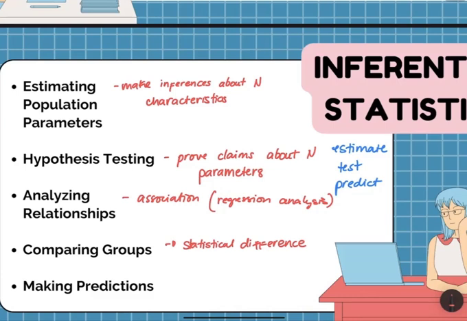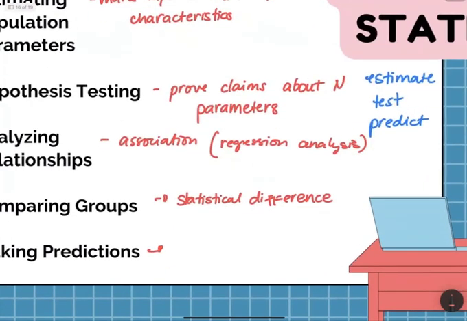And of course, we make predictions. So what do we do here? Yes, we forecast future outcomes. And how do we do that, sir? Oh, that's a good question. We base it from observed data.